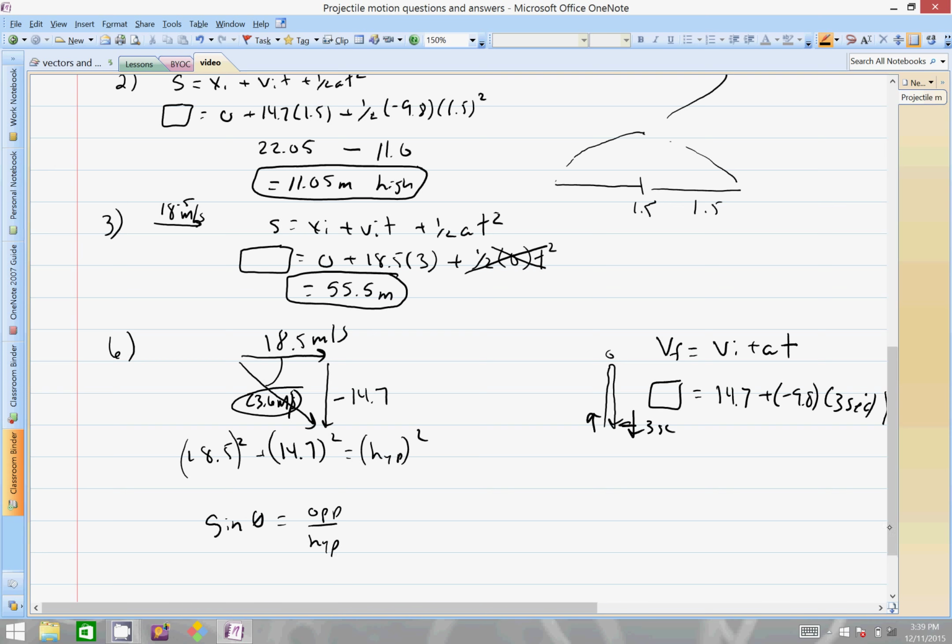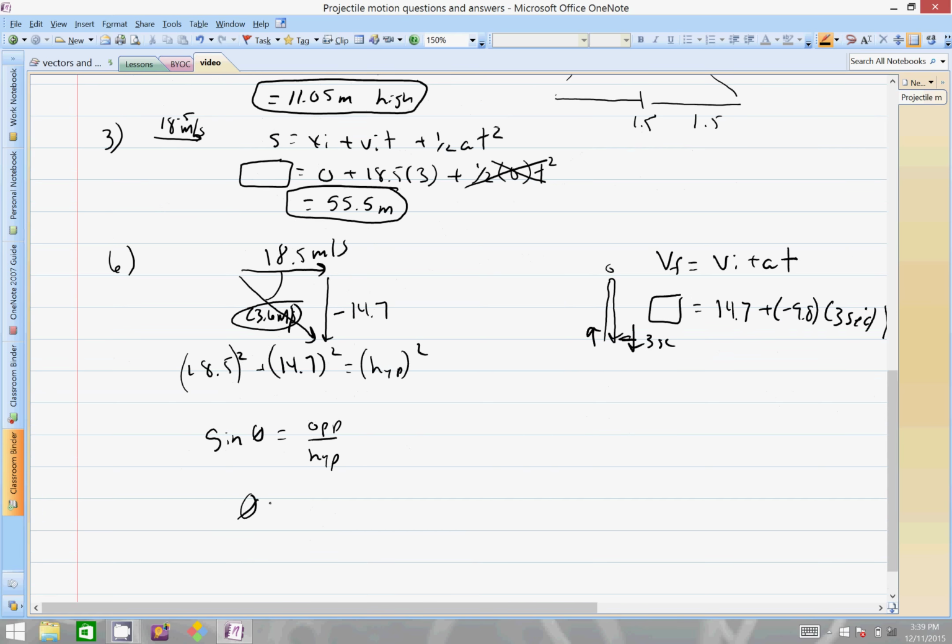So the actual angle is equal to the inverse sine of the opposite over the hypotenuse, which is, opposite is going to be 14.7 divided by 23.6, and then we'll plug that whole value in here. Inverse sine of 14.7 divided by 23.6, and the answer is 38 degrees.